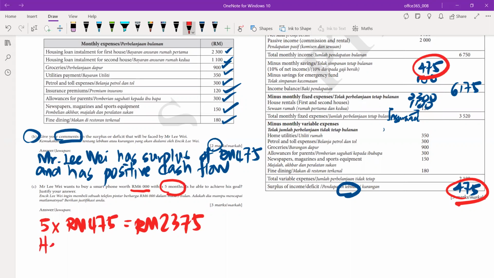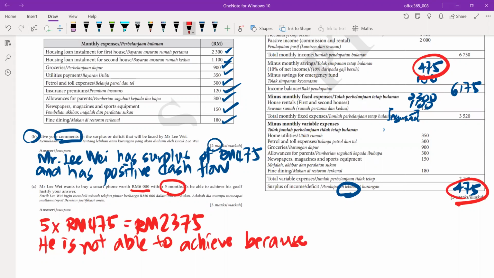So you say he is not able to achieve. Okay, because he still lacks of how much? Okay, 6,000 minus 2375. Lack of 3625.